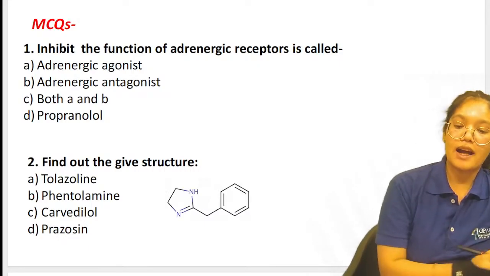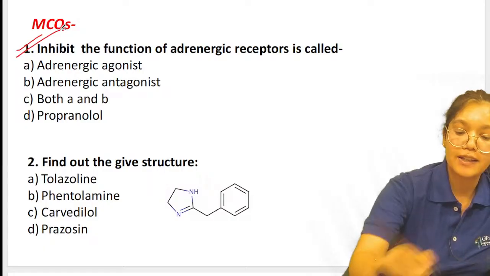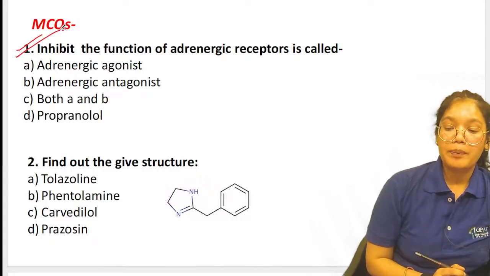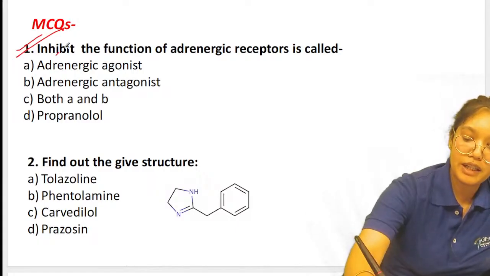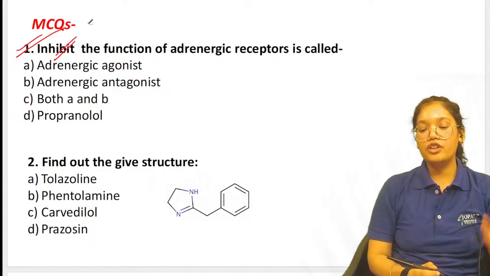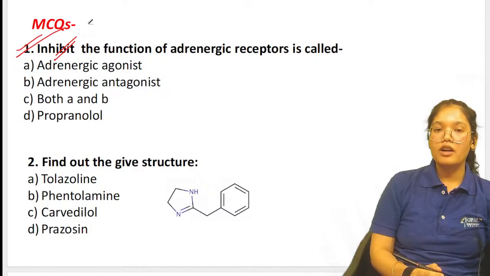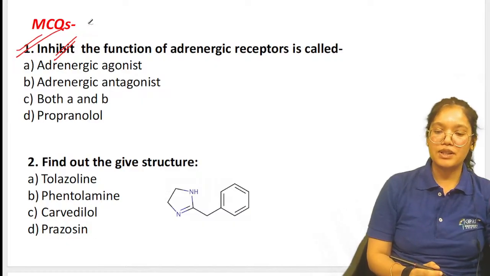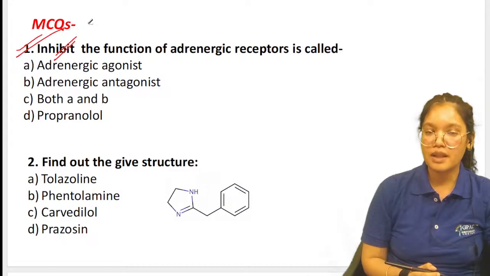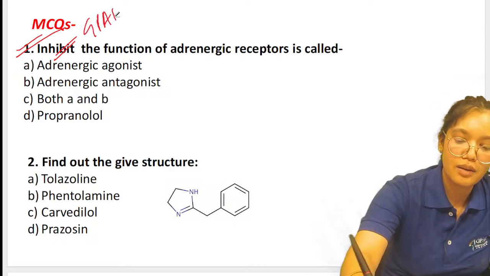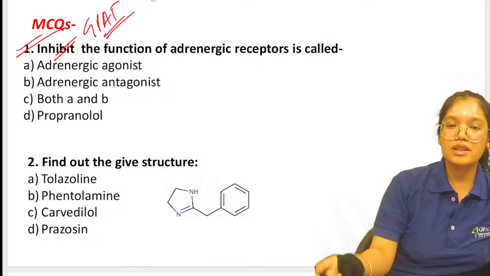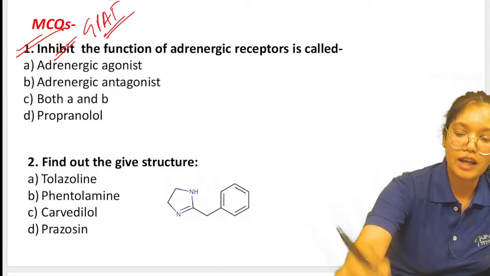So let's start with our first MCQ. Inhibiting the action of the adrenergic receptor is called. Now let's start with a simple MCQ. Okay, this is the simplest MCQ that can be asked. It will not be asked in GPAT, but just to start simply, I have included that.